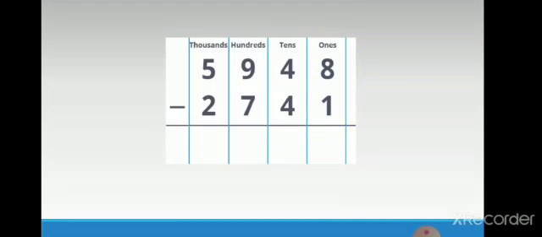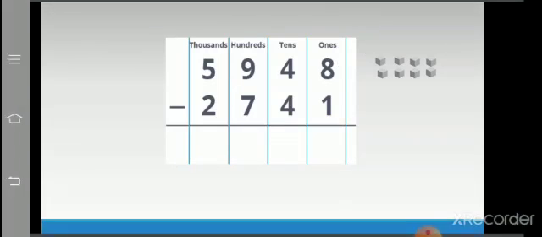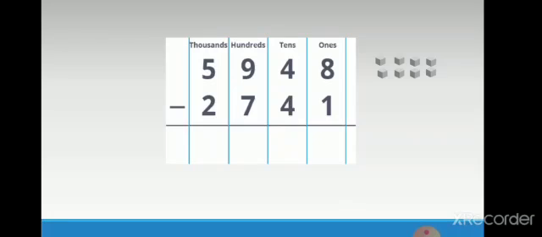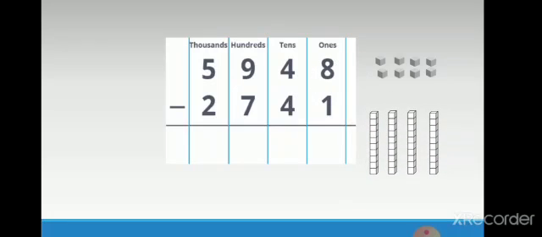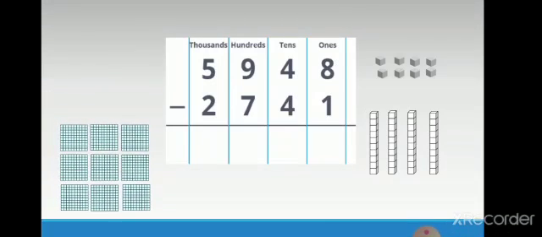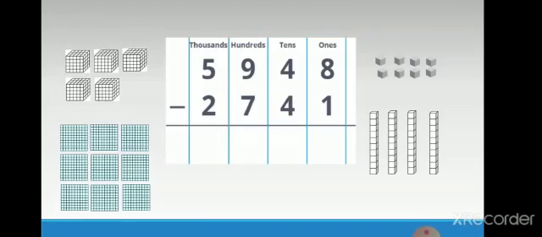There are 8 ones and you have to subtract 1 from this place. Similarly, you have 4 tens and you have to subtract 4 from them. There are 9 hundreds and you have to subtract 7 from these 9 hundreds. Similarly, there are 5 thousands and you have to subtract 2 from thousands.